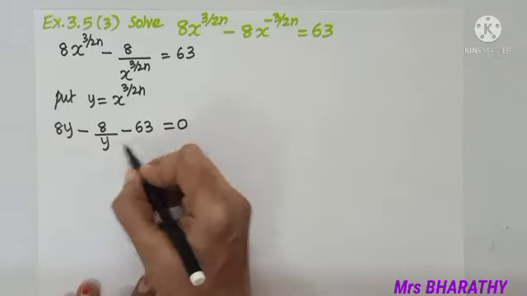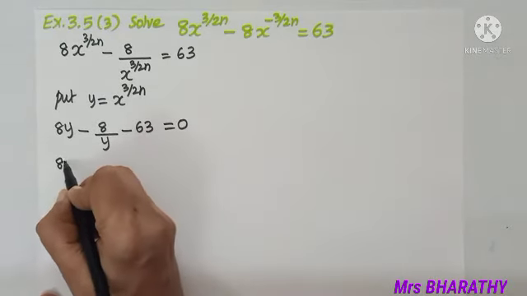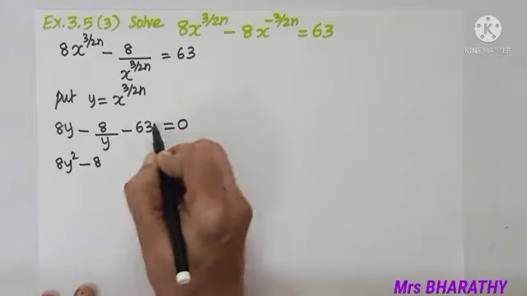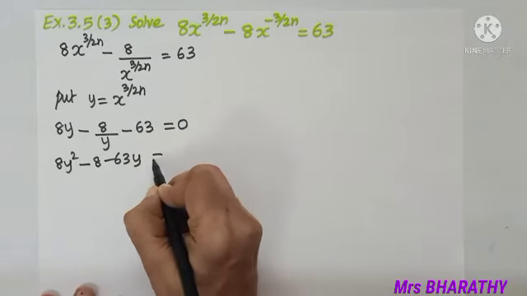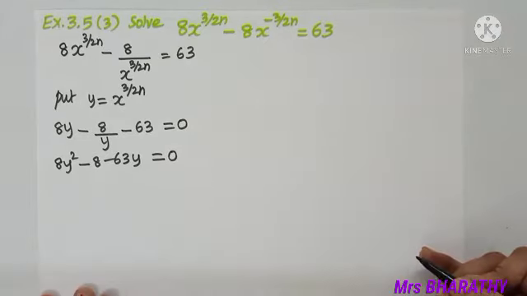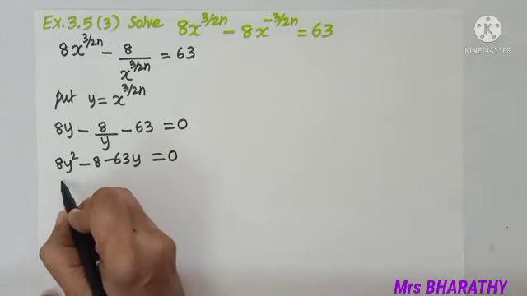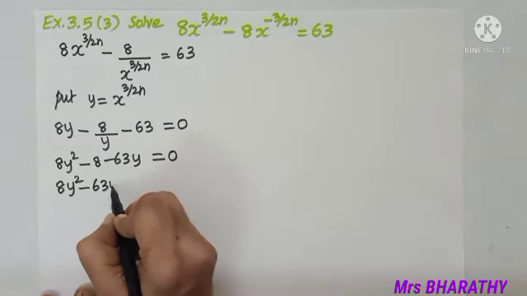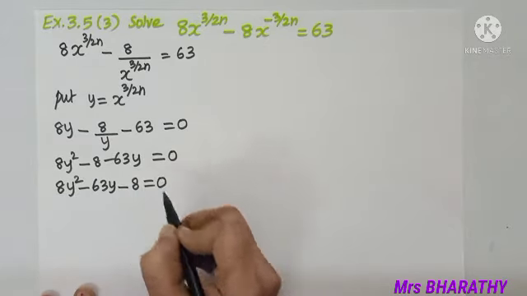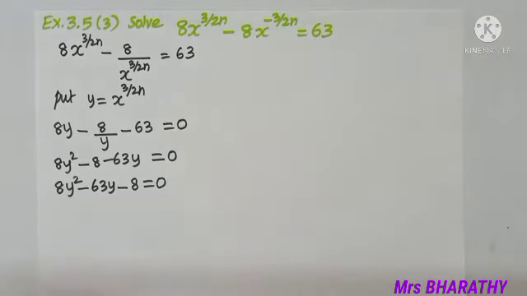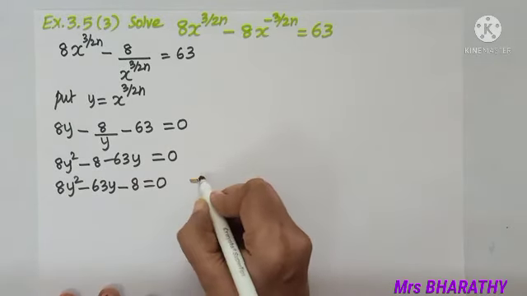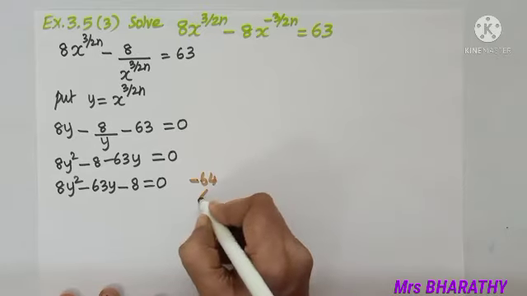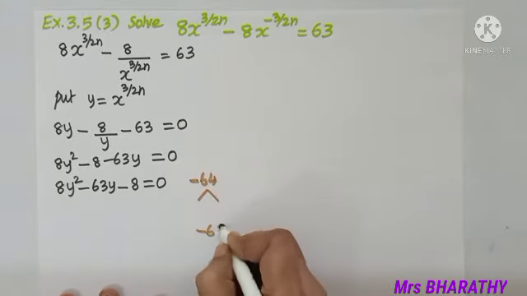As we cross multiply, 8y into y minus 8 minus 63y equals y into 0, 0. Rewriting the equation in the proper format, 8y squared minus 63y minus 8 equals 0.